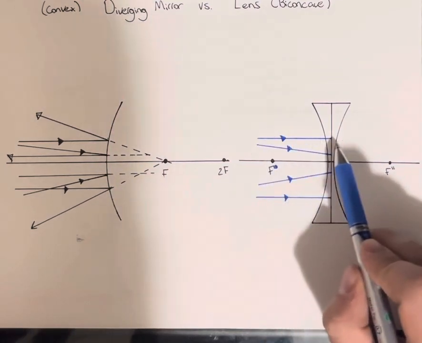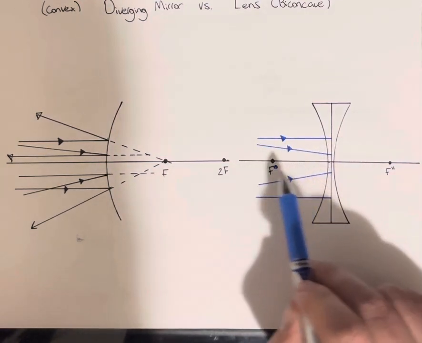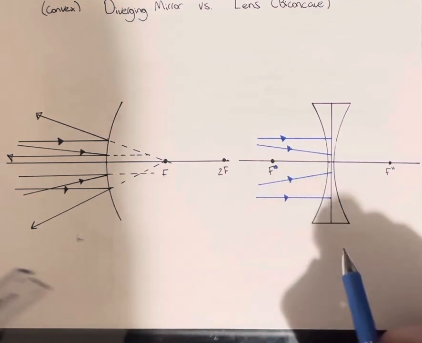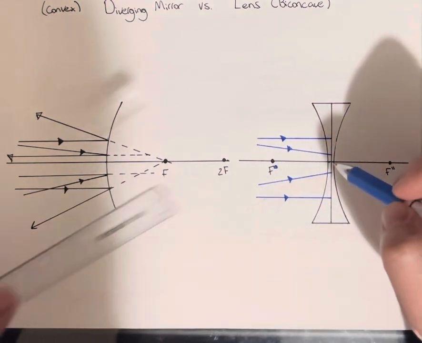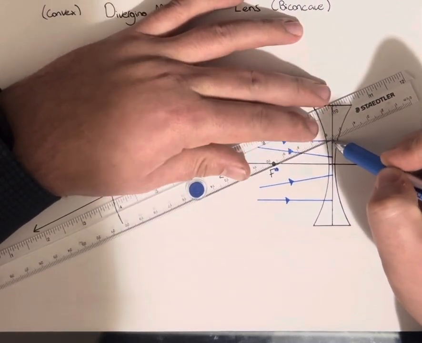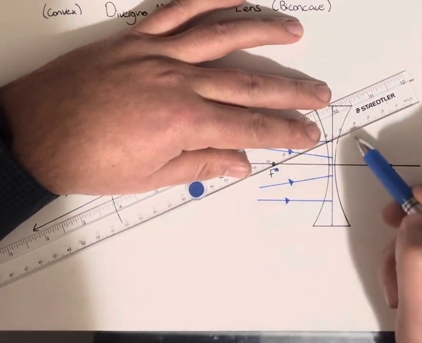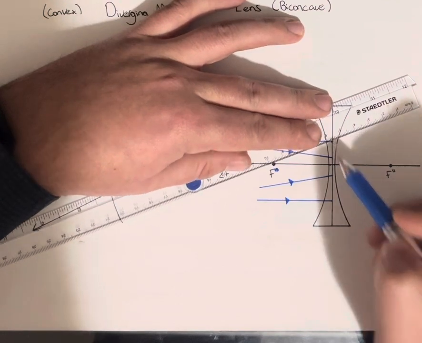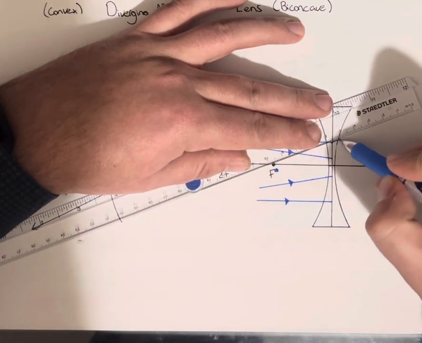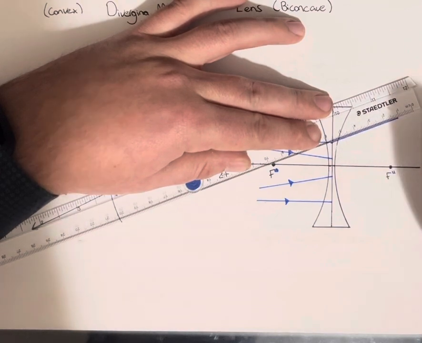So if we have a ray parallel to the principal axis as our incident ray going into that individual lens, it is going to refract away from the principal axis. But the exact direction it is going to go is related to our F prime, or our focal point on our side of the lens. So it is going to be refracted in this direction.